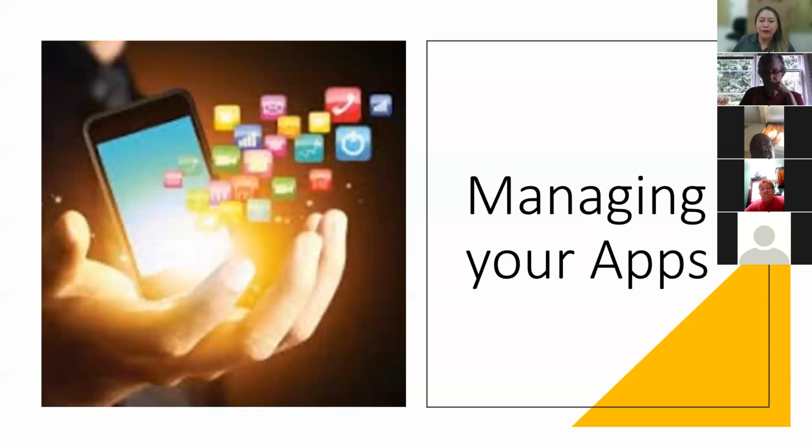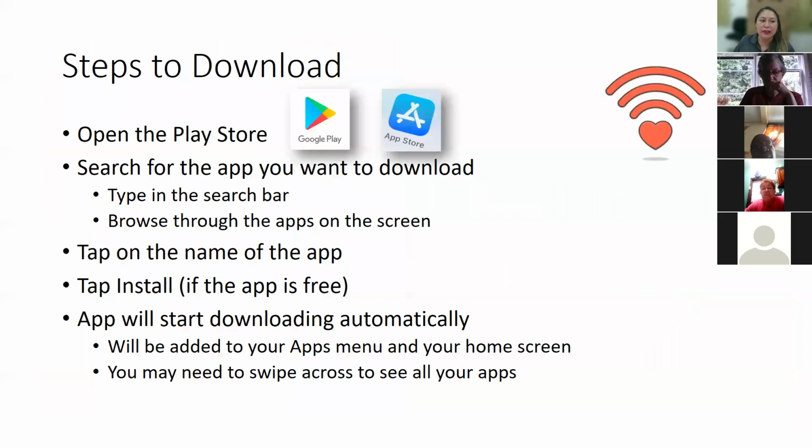So first of all, let's take a look at, or just recap, the steps taken to download an application. It's quite basic and very user-friendly, I would say. I think it's only a matter of having an idea of how to follow the process to get an application downloaded.